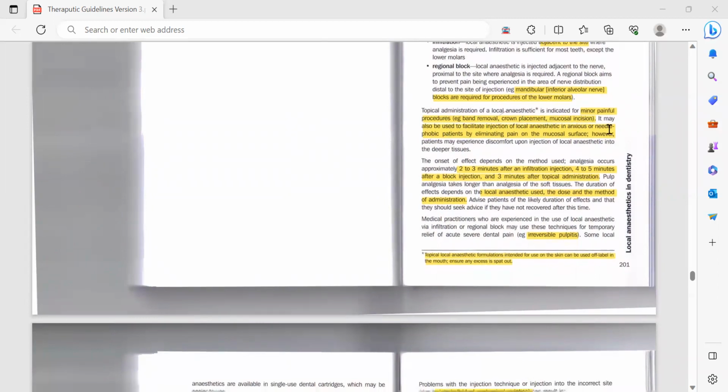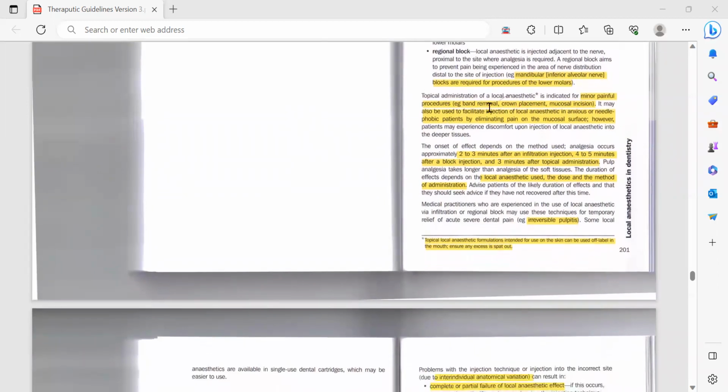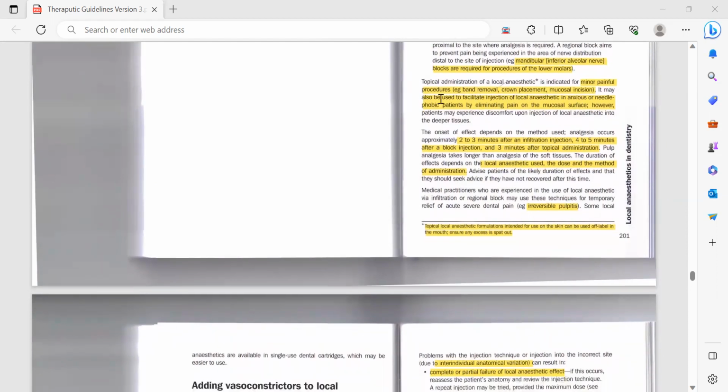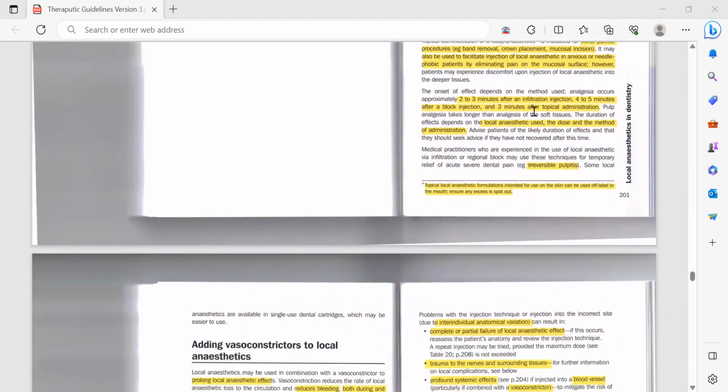It may also be used in some anxiety prone patients: we first put a gel on that area so that the mucosa goes numb, and although they would still feel the prick of the needle, it would be a bit lesser. So we can try it as a strategy in more anxious or needle phobic patients.